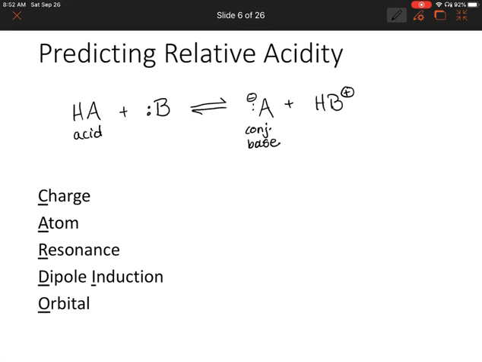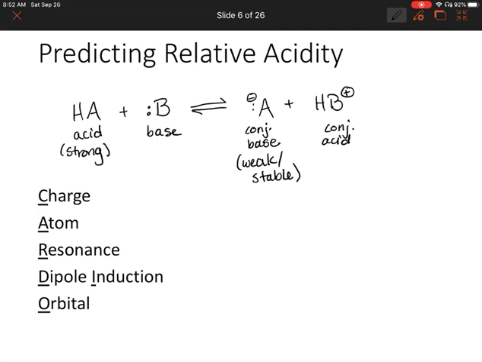Now also remember that if you have a strong acid, so let's say this acid is strong, that means the conjugate base of that acid will be weak or stable.